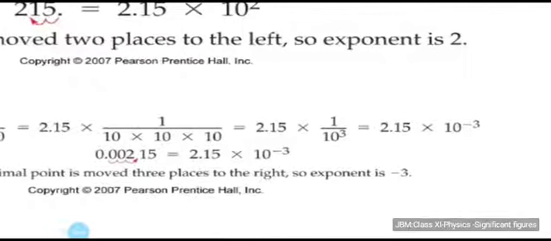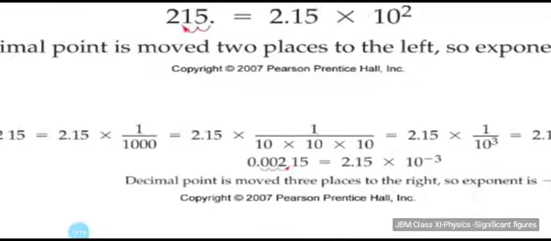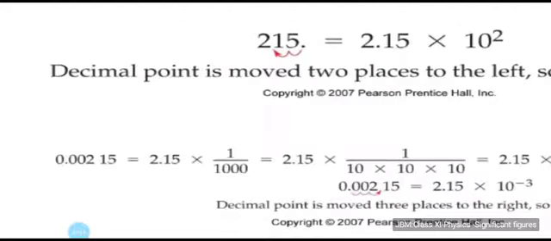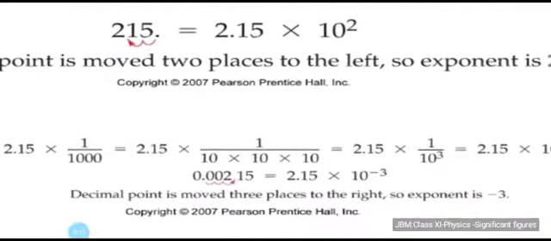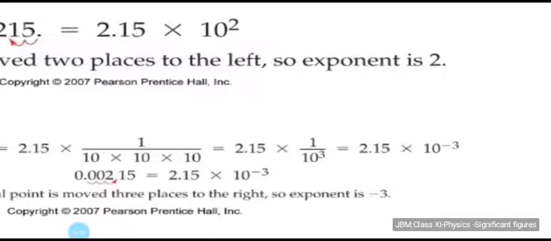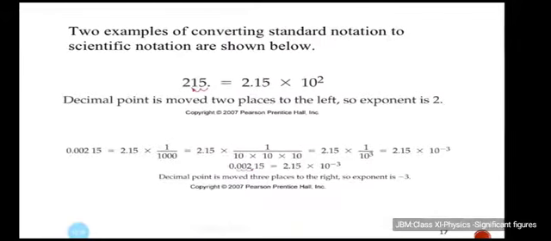So we can write down 2.15 into 1 by 10 to the power 3. So ultimately we can write down 2.15 into 10 to the power minus 3. So instead of writing down 0.00215, we have written it in a different notation as 2.15 into 10 to the power minus 3. So this is the scientific notation.